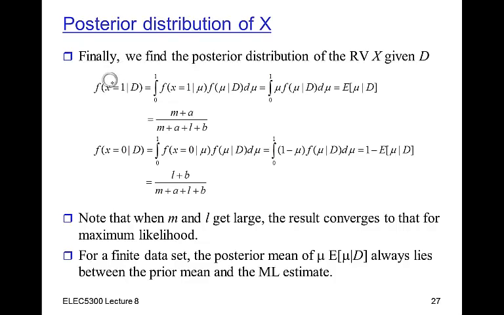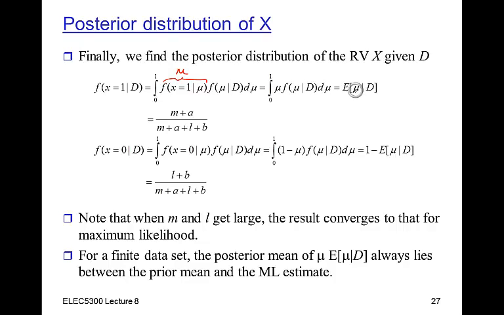So the probability that x is equal to 1 given the data is just the probability that x is equal to 1 given mu, averaged over all possible values of mu, where this probability distribution function is determined by the data. The likelihood function, f of x equals 1 given mu, is just the probability that x is equal to 1 if I know mu, and that is just mu. So if I replace that, I get this.